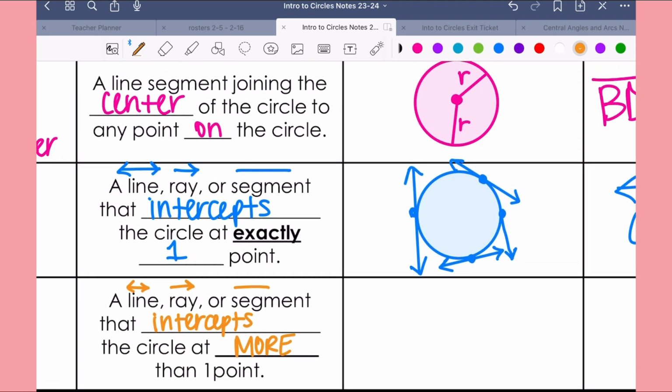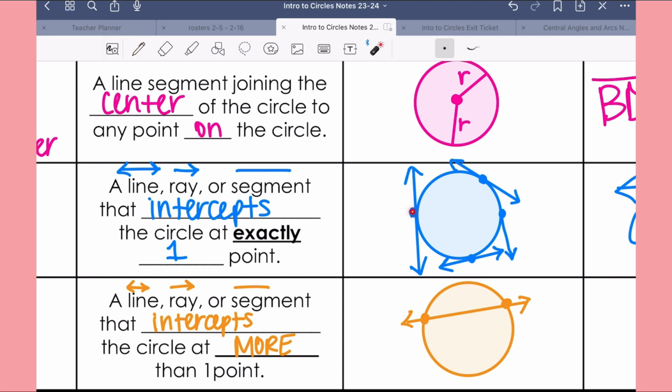So what does that look like? This one is going to cut through the circle. It's actually going to stab it. Okay, that's where you get the more than 1 point. So it has 1, 2. Whereas tangent is only one time that it's touching it. Here it's more than one. Okay, and again, you could have other examples like this, where it goes through it more than one.